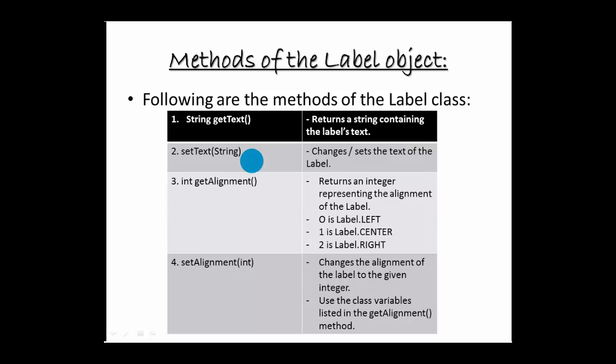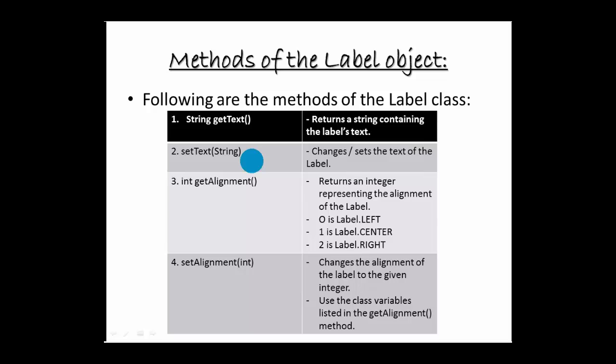Say you created an empty label at first and you want to pass a value after the user enters his name. You can take the input from the user and then pass that input as the setText value. So if the user enters ABC as the name and you pass that value ABC in the setText method, then that will be displayed as the text in the label.